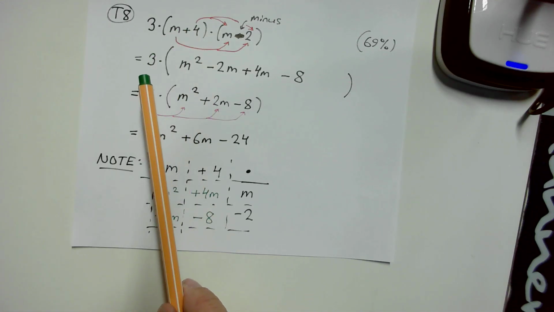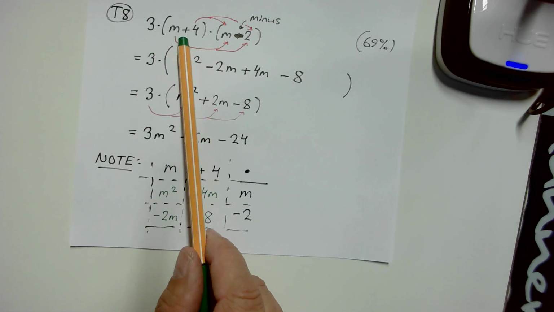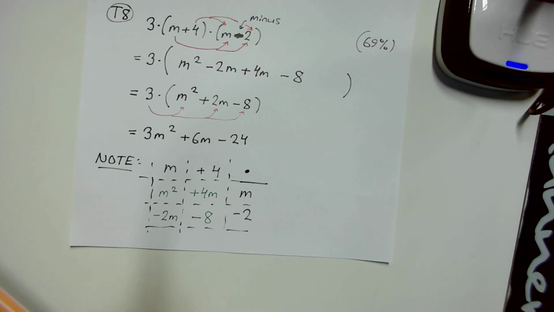But for example, if you have m to the power of 3 plus m squared plus 5m plus 4 times the same kind of expression, if you have four parts of that expression and it is multiplied with another one, it becomes 16 multiplications.